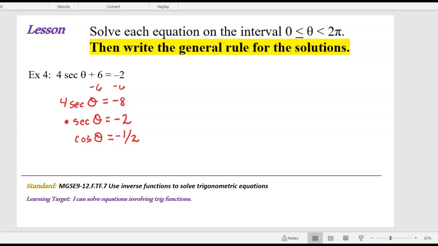These two equations, just to be clear, are equivalent. They absolutely have the exact same solutions. So every secant theta equation, once you get secant theta by itself, can be converted to a cosine problem where the output is the reciprocal. So as soon as you see secant, think, get secant of theta by itself, and then convert it to its equivalent form in terms of cosine, and then it's an easy problem. So, unit circle.